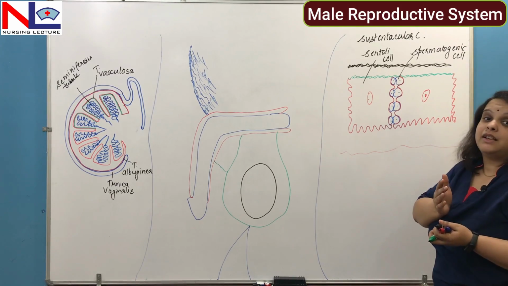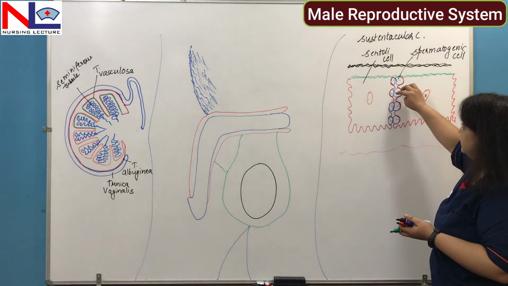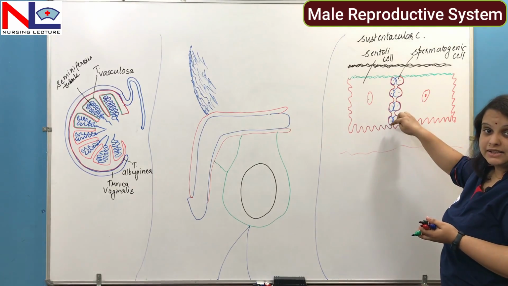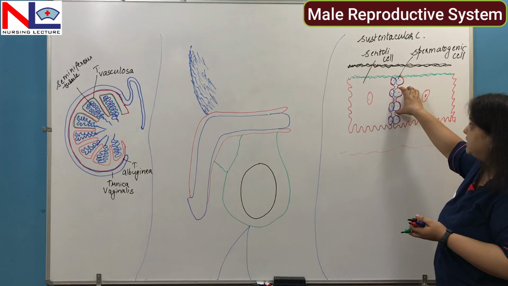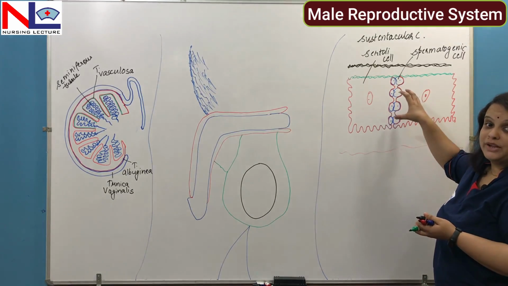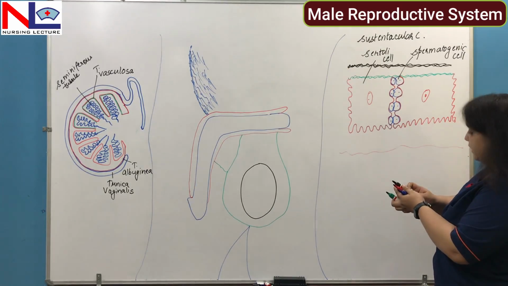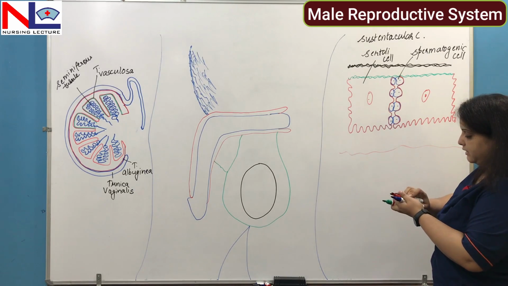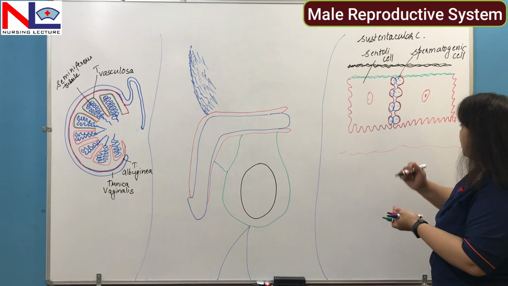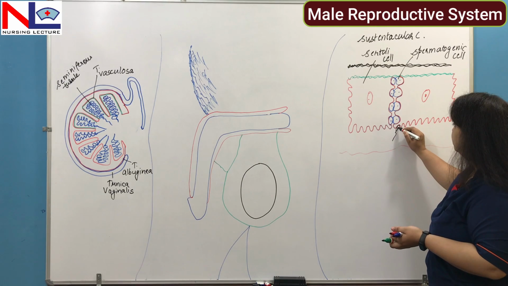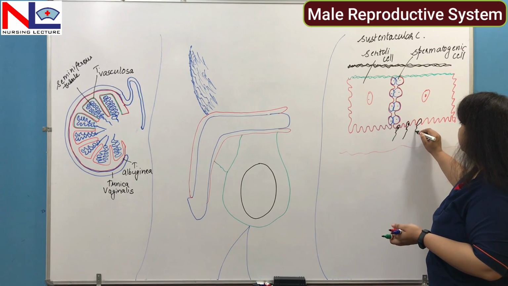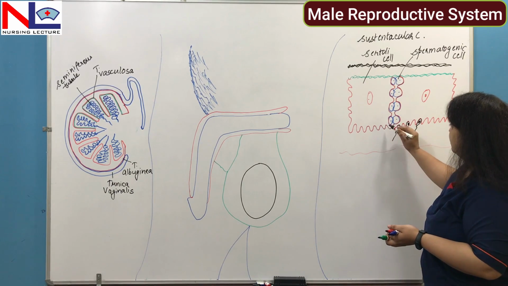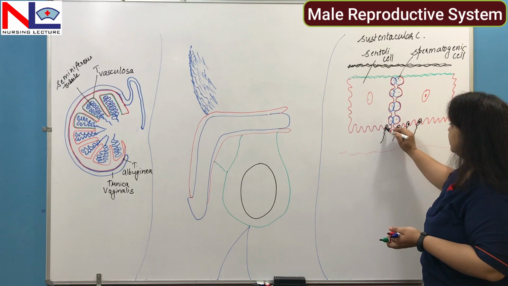They remove excess cytoplasm present in these cells, so they phagocytose the cytoplasm, nourish them, and make them become mature sperm. This is the function of the Sertoli cell. So here are the mature sperm cells.